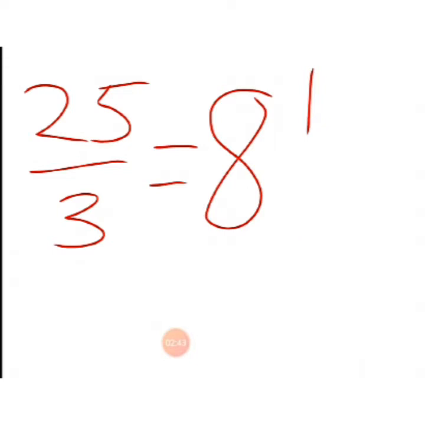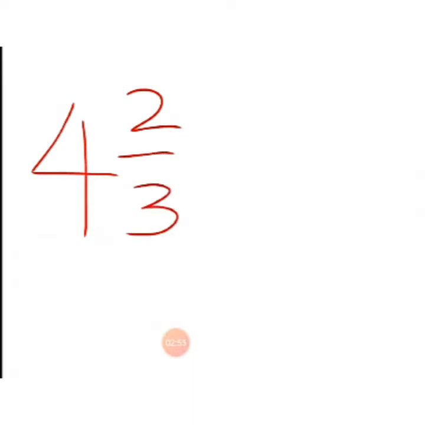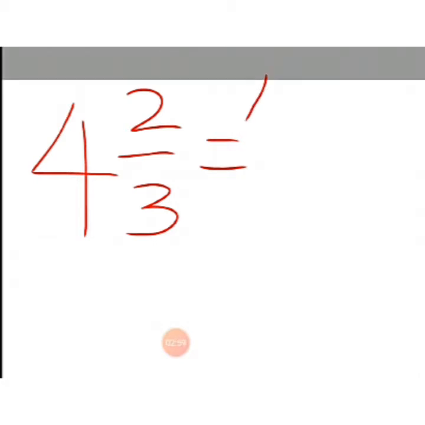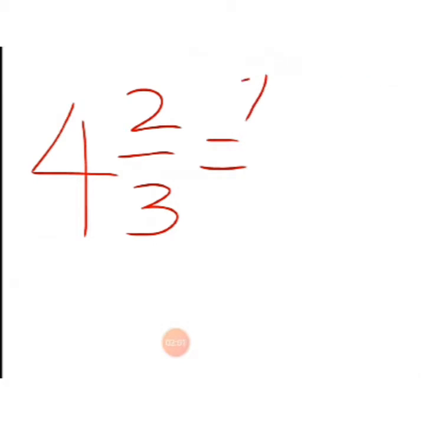Now let's do a conversion of a mixed fraction to an improper fraction. 4 whole number 2 over 3. What you do is you multiply the denominator, which is 3, by the whole number.